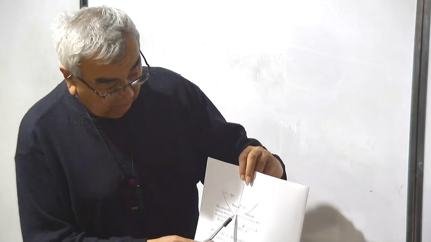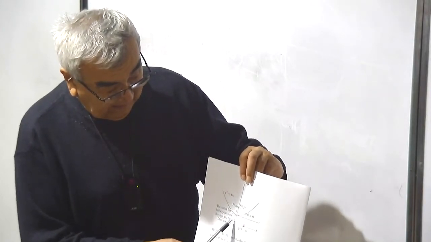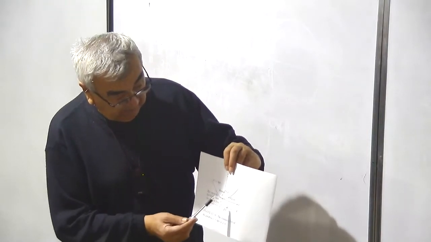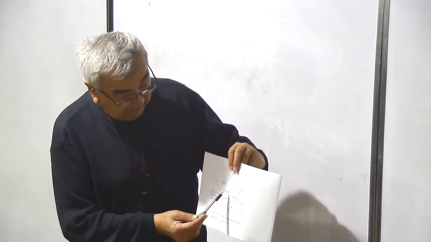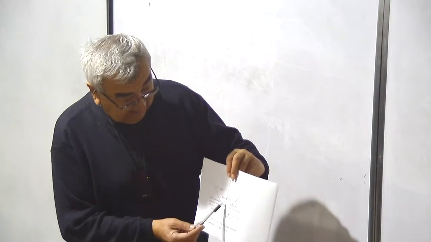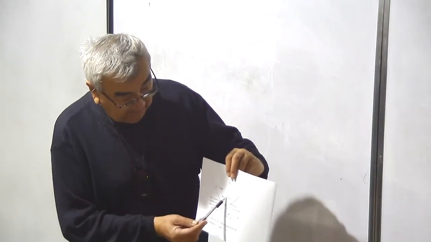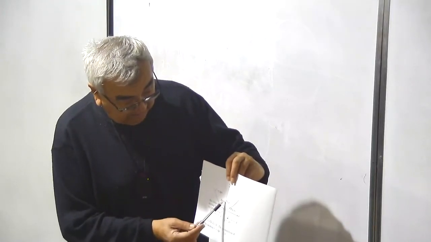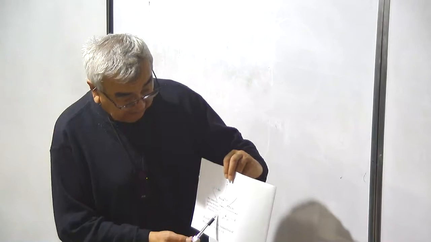Because this is the origin of the coordinate system, the y coordinate of this line should always be equal to minus p. I will take some point which lies on the y-axis also at distance p. This distance and this distance are equal to each other, and this point is called the focus. This line is called the directrix.